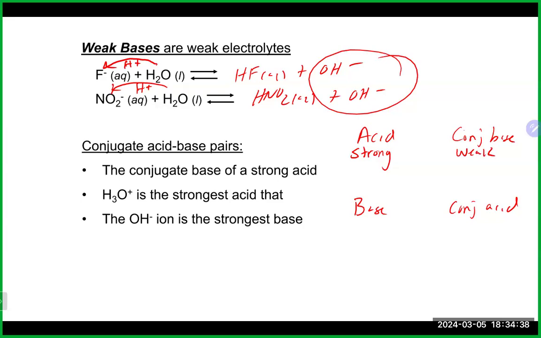So HCl is a strong acid. Its conjugate base, which is Cl minus, will be relatively weak. If you have a weak acid, its conjugate partner will be relatively strong. So an opposite relationship between those things.